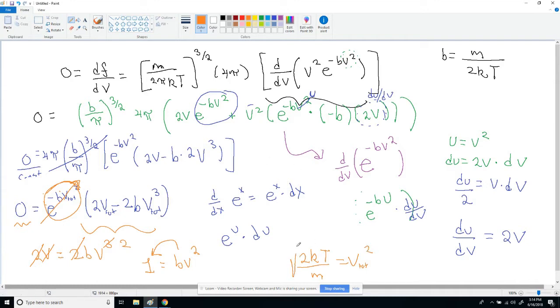And let's square root this side, get rid of this, and we have a representation for the velocity that will correspond to the highest value of f when we consider that f is the Maxwell Boltzmann distribution. When we asked, hey function, where is your value the most maximum by examining the derivative? And this is actually v mode.